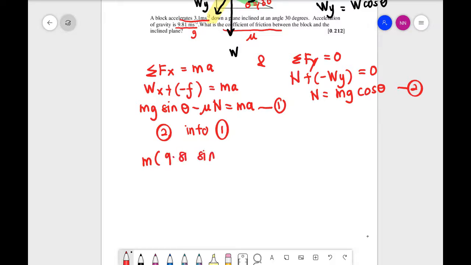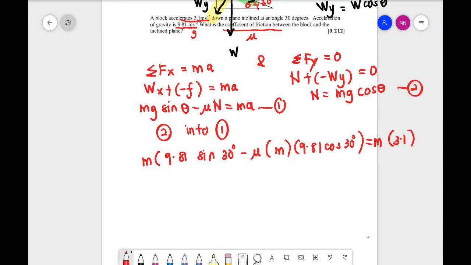So m times 9.81 sine 30 degrees minus mu times N, where N is 9.81 cos 30 degrees, equals ma. So mass in terms of m, and a here is 3.1.